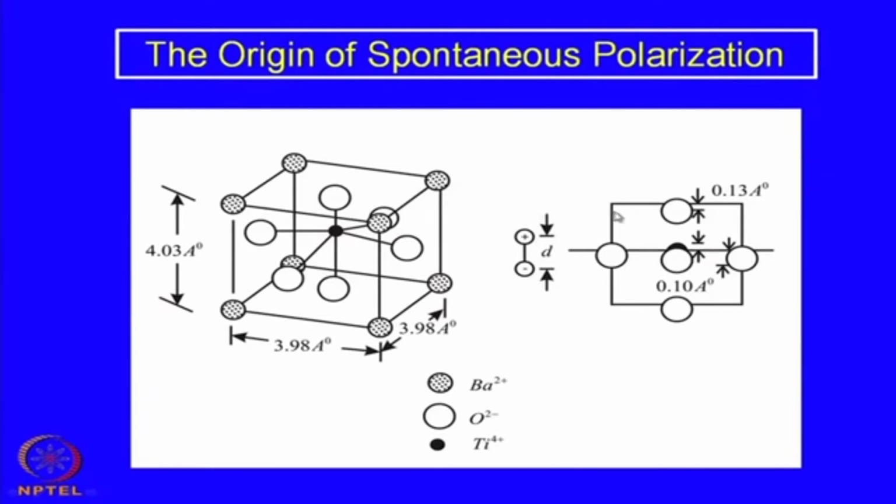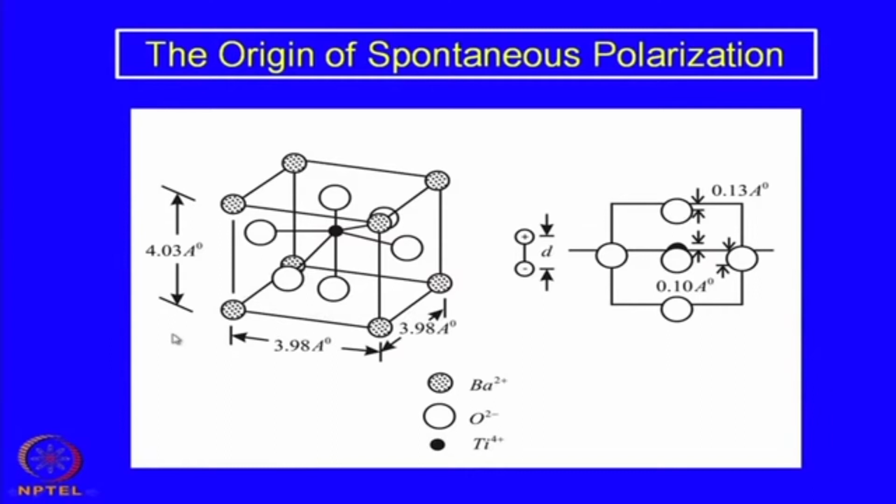So, with respect to the center of all the positive charges, the oxygen ions are displaced downwards, and that is how you create a dipole, where the positive charges are upwards and the negative charges are displaced a little bit downwards. So, the center of the positive charge and the center of the negative charge are not exactly coinciding with each other. There is a distance of separation d, and therefore you have a dipole moment. So, the dipole moment is generated because of the distortion.